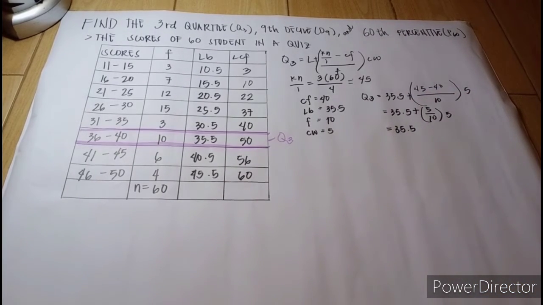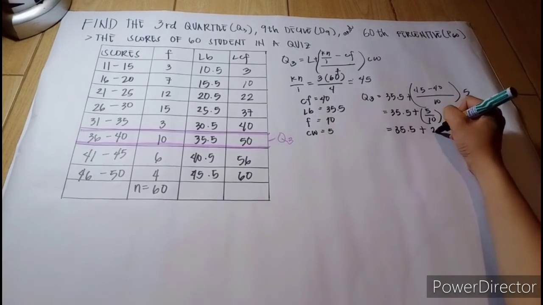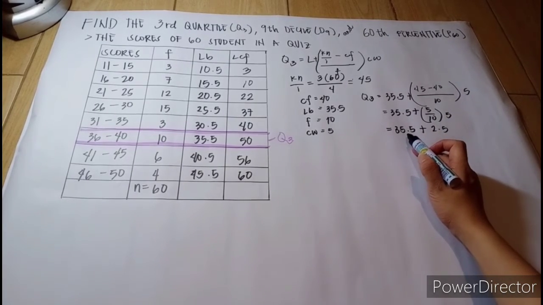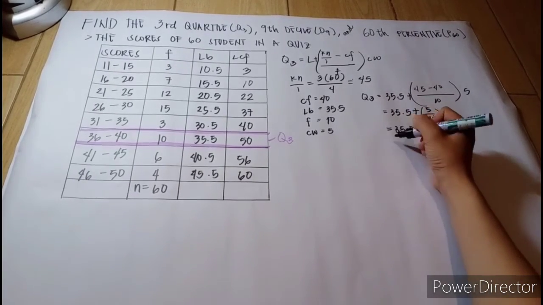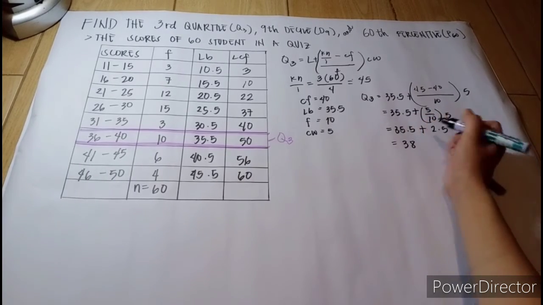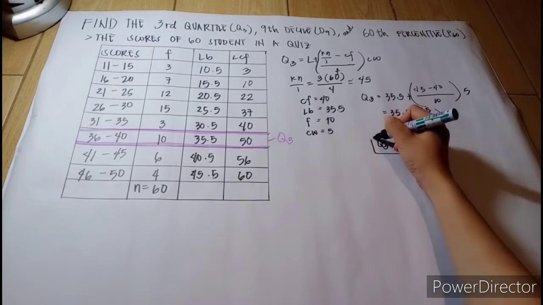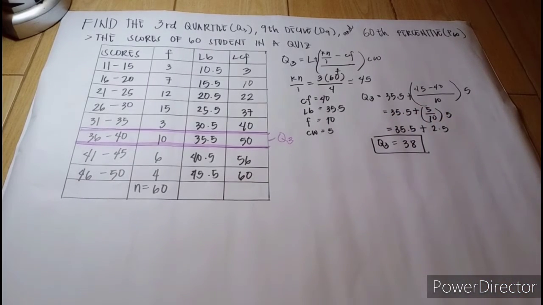So 5 over 10 times 5, that is 2.5. 2.5 plus 35.5, the answer is 38. Therefore, the third quartile is equal to 38.